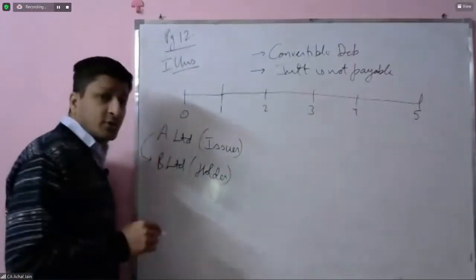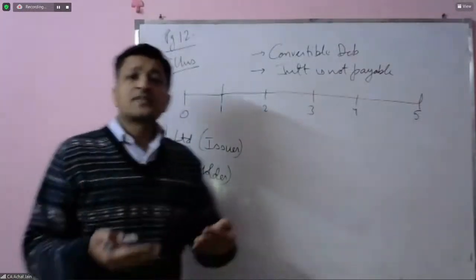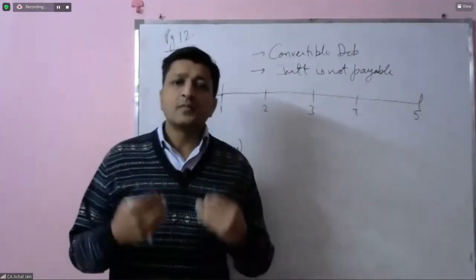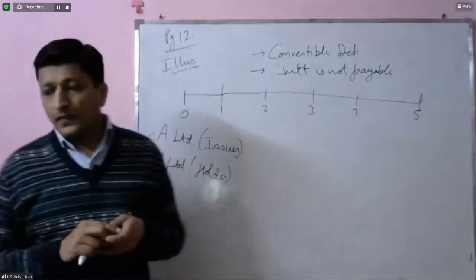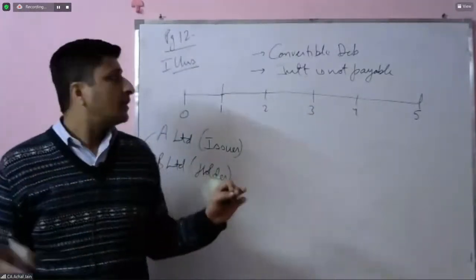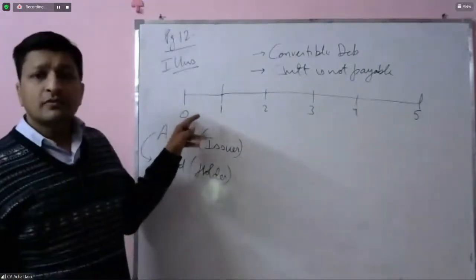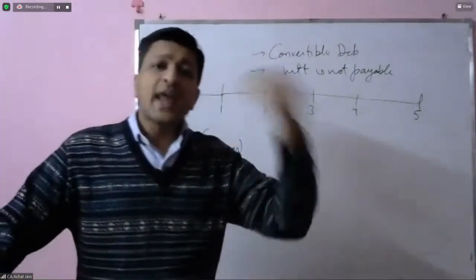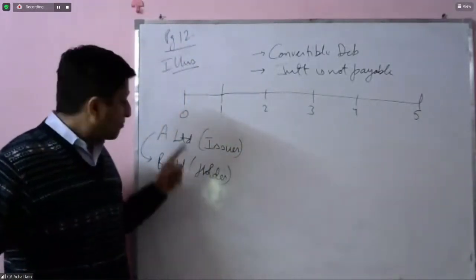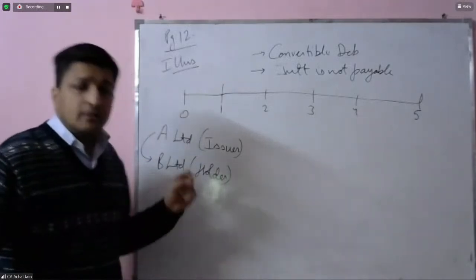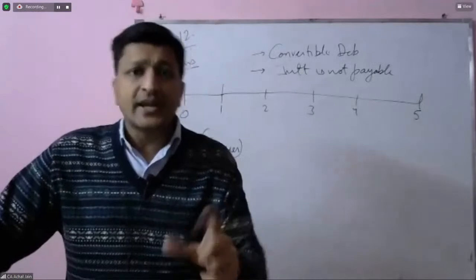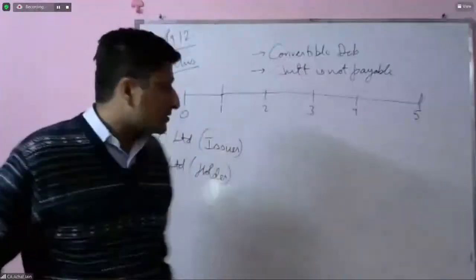So what has happened? A Limited has received cash, which should be repaid by A Limited. But there's an understanding between both of them that instead of repaying the amount by A Limited to B Limited, what will A Limited do? Instead of paying cash, A Limited will issue equity shares.